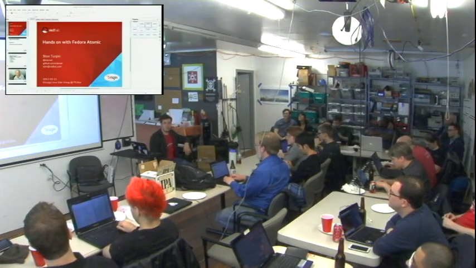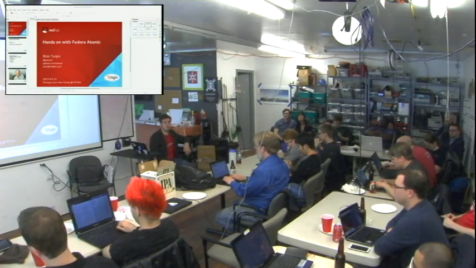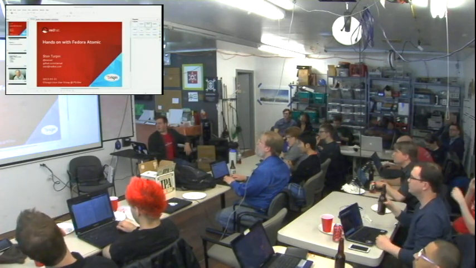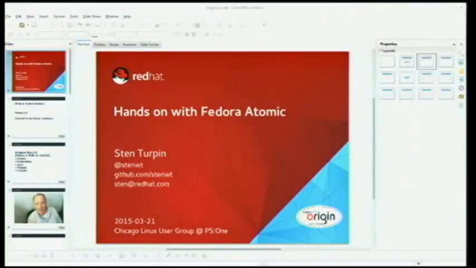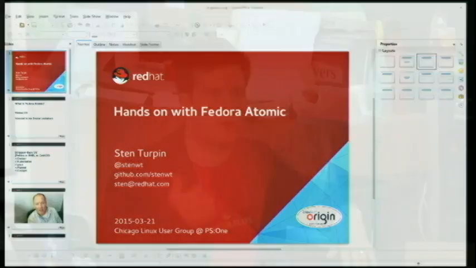Any other questions? Just what is Origin? I see that on the slide. Okay, so part of the reason I'm interested in Atomic is because I work on OpenShift. OpenShift is Red Hat's platform as a service. The three forks of OpenShift are Origin, Online, and Enterprise. Origin is the open source upstream version of OpenShift. Online is what I deal with day to day.